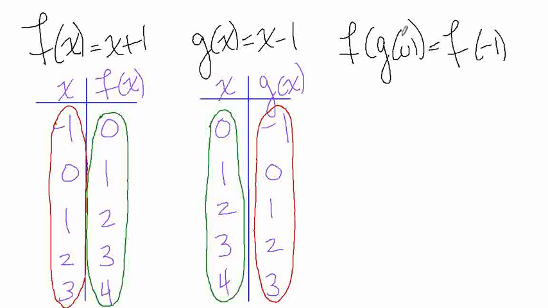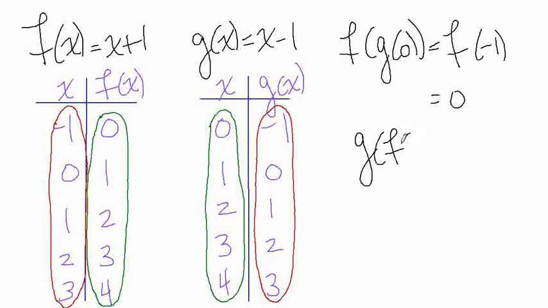The thing to notice is that we started with 0 and we ended with 0. That's going to happen with all the possible x values when two functions are inverses of each other. Let's try another example.